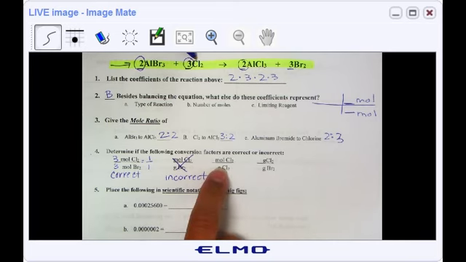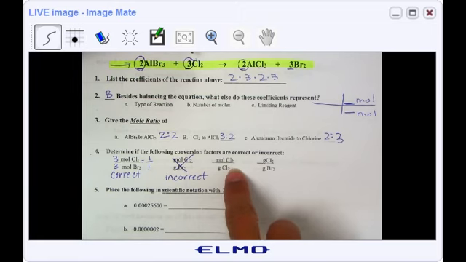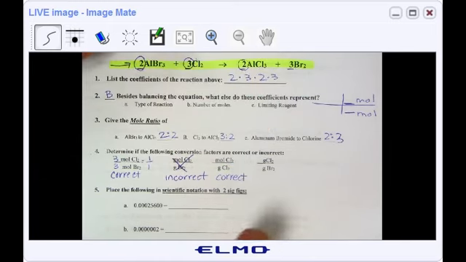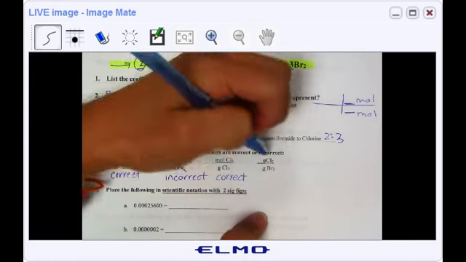Is a mole of Cl2 equal to a gram of Cl2? Yes, because it is the same element. The last one: is the grams of Cl2 equal to grams of Br2? No.